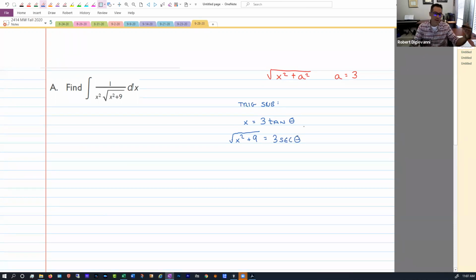So at this point, we can start substituting things, but you'll see right now that we're missing something. Right now we know x will be replaced with 3 tangent theta. We know that the entire square root of all this junk right here will be replaced with 3 secant theta. The one thing we still haven't resolved is what does the dx become, right?